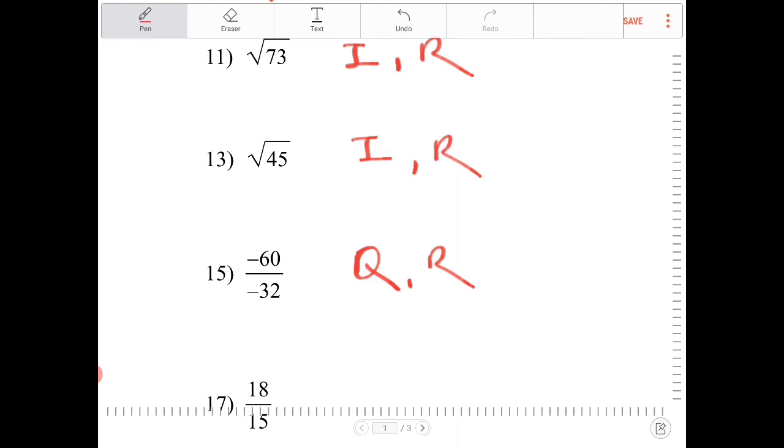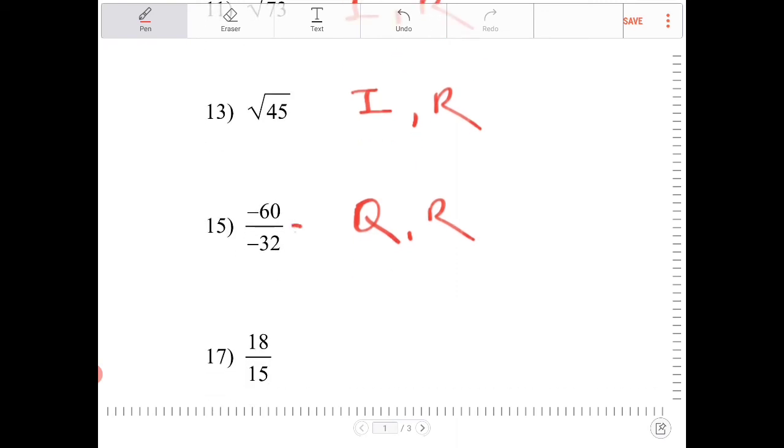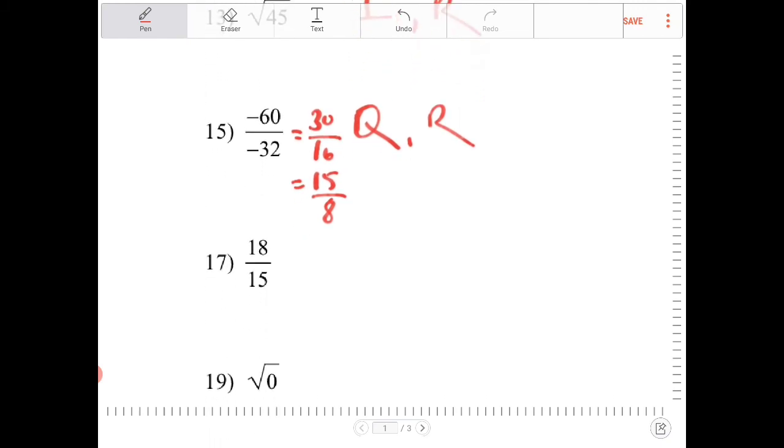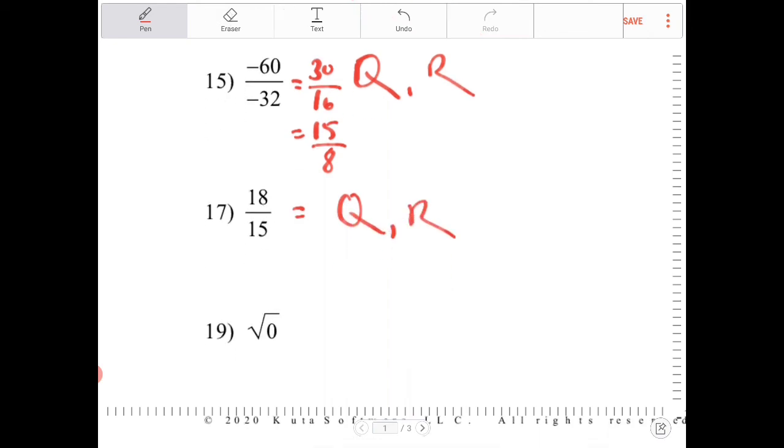60 over 32 can be reduced, to 30 over 16, or 15 over 8. The end result is a rational number and real. 18 over 15 is, again, rational and real.